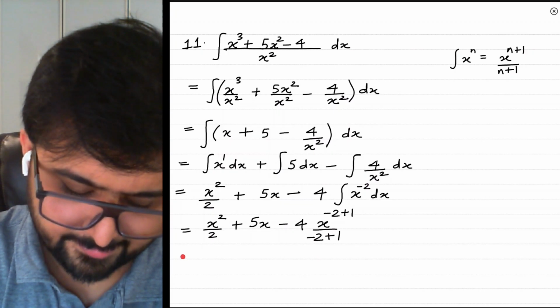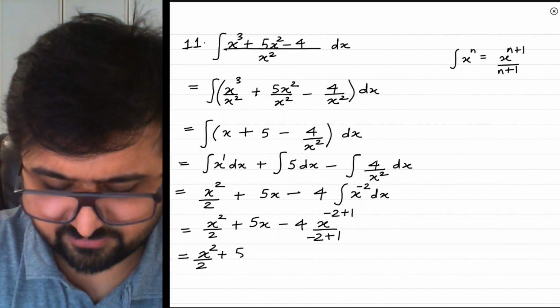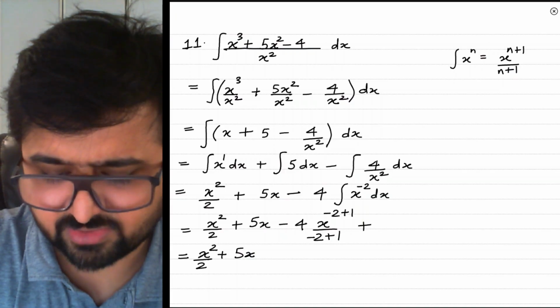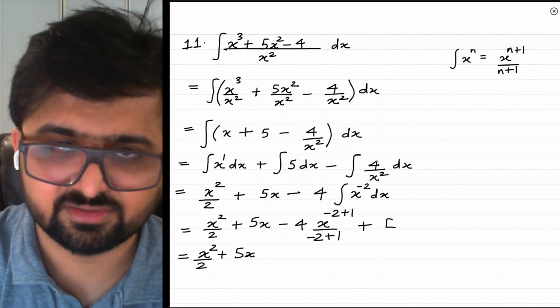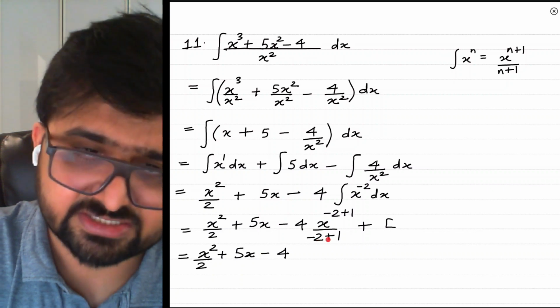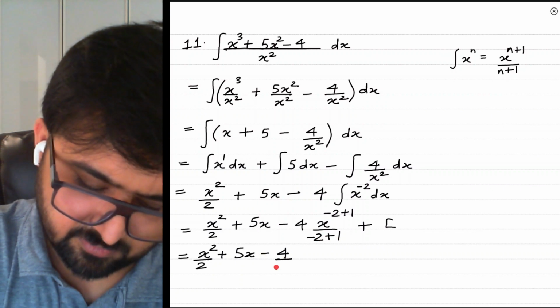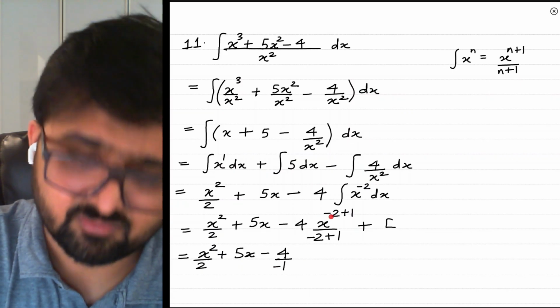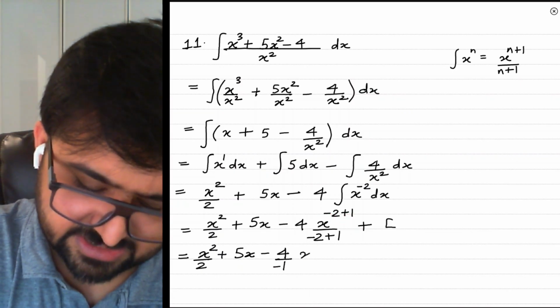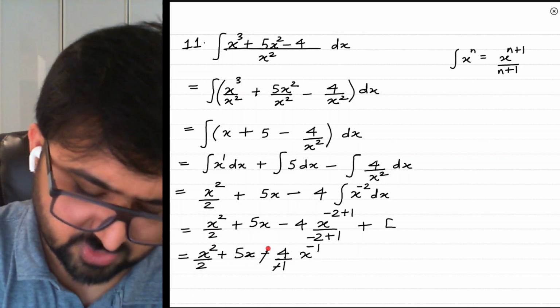Okay, so that will give me x squared by 2 plus 5x. Oh, also I should add a constant c since I am done integrating here. Minus 4, minus 2 plus 1 is minus 1. Okay, so I get minus 1. Minus 2 plus 1 is again minus 1. So x to the power minus 1. This minus and this minus will become positive.